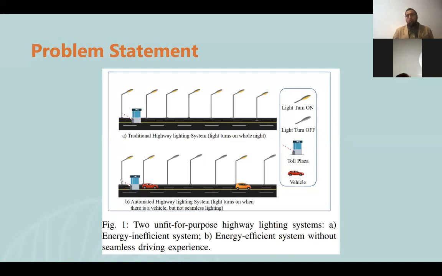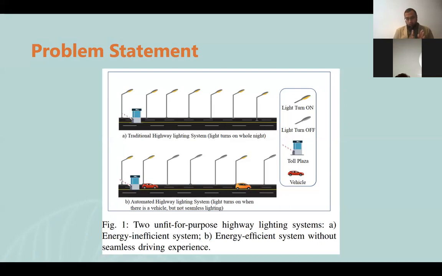If we want to use this light efficiently, we can simply add a sensor, and if there is a car, we turn on the light. So it will solve the problem. But the main problem of this solution is that during the night, if you are driving and you reach a lamppost and it is turned on, this fluctuation of light may cause an accident.